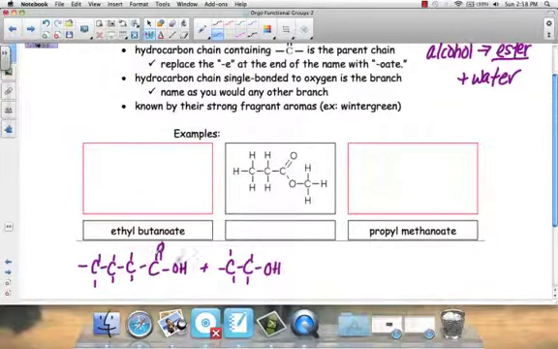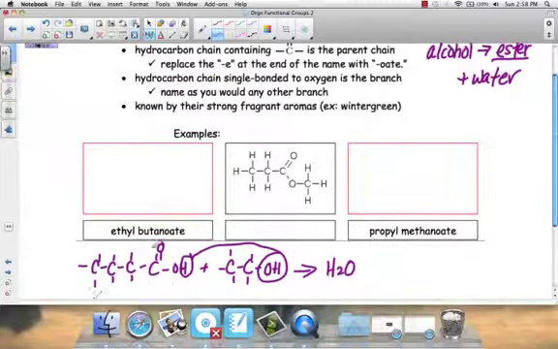Now, the process of esterification is a dehydration reaction because water is formed. So, how do we get the water? Well, I'm going to take the H off of the acid and the OH off of the alcohol and form water.